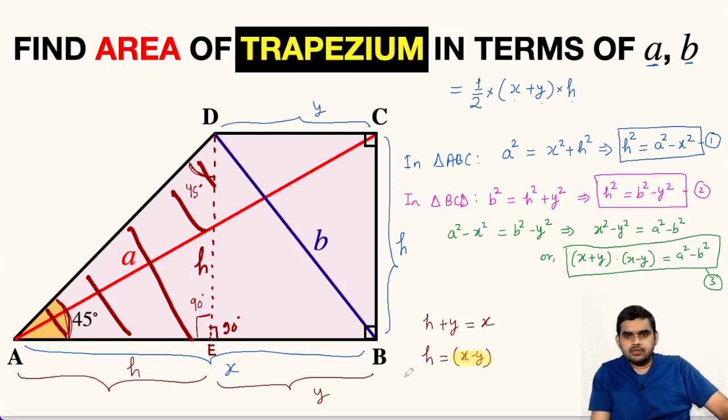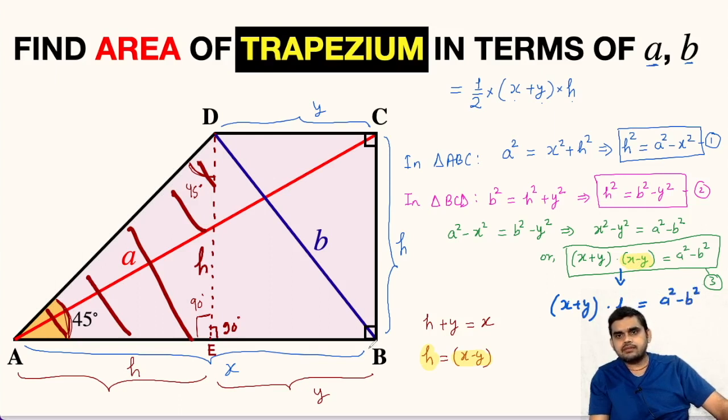So we can substitute x minus y as h here. So this equation will become x plus y times, in place of x minus y we can write h, equals a square minus b square. Now let us see the formula for the area of trapezium that we already wrote.